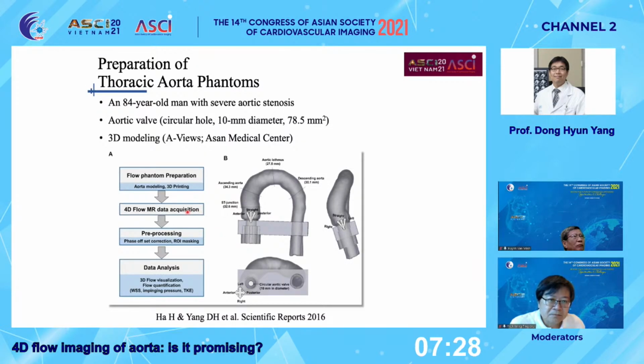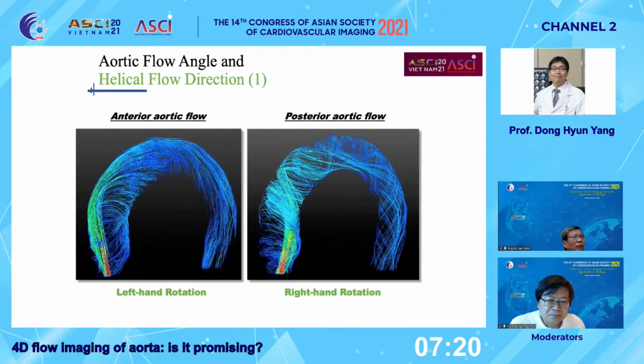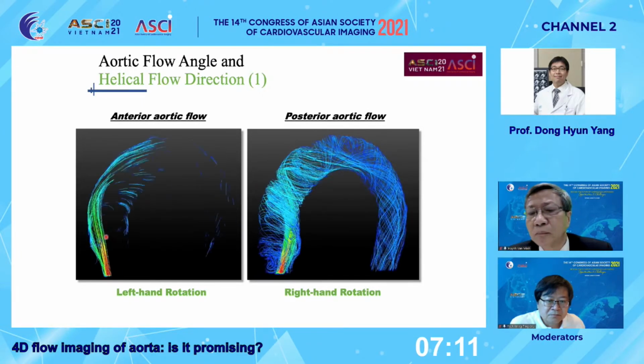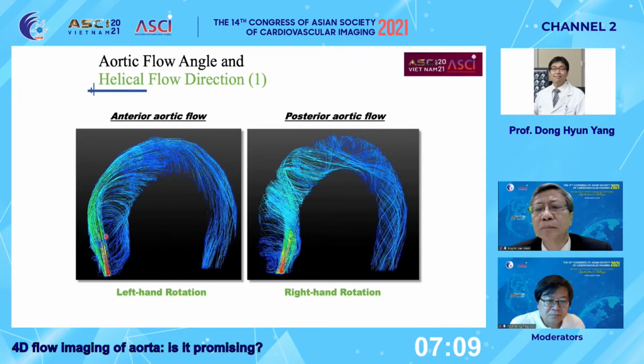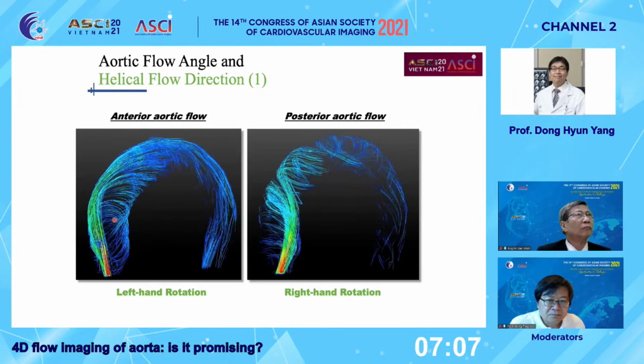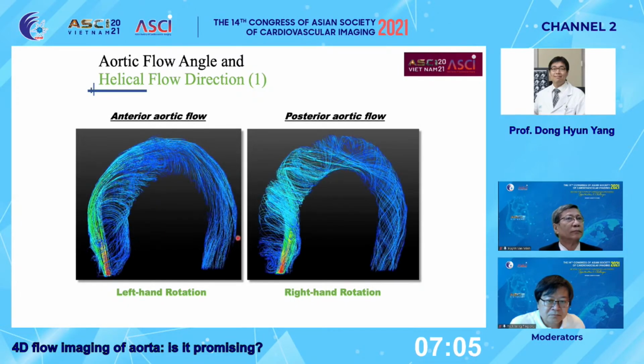Then we did a phantom study using a 3D printed aortic model from a real patient and 4D flow MRI. Here are the results. Posterior aortic flow results in right-handed rotation and more severe helical flow as compared with the anterior aortic flow.